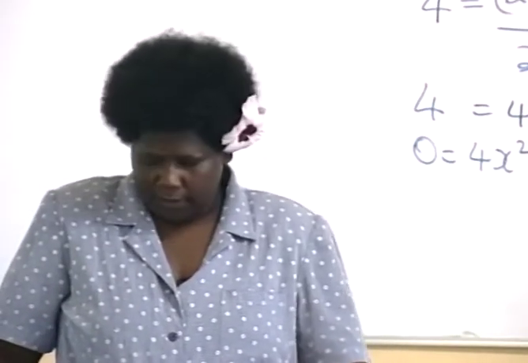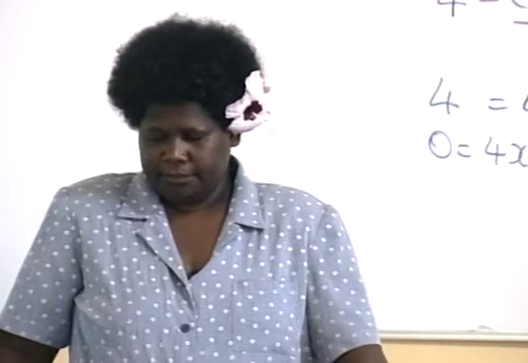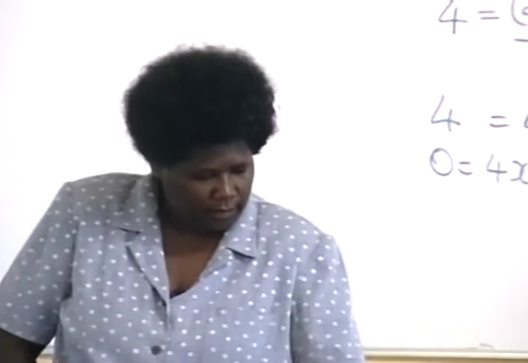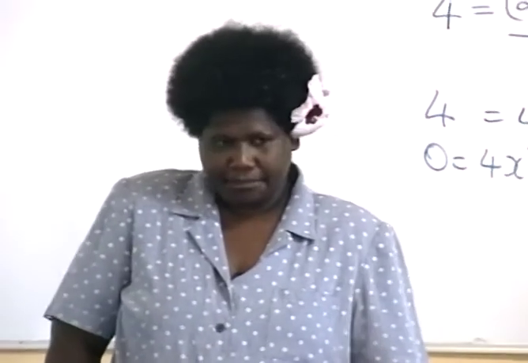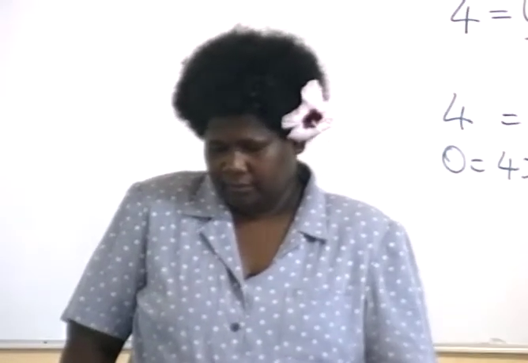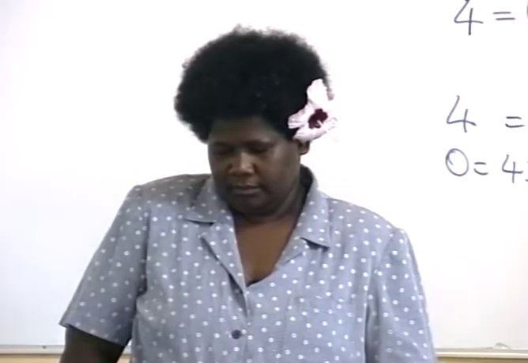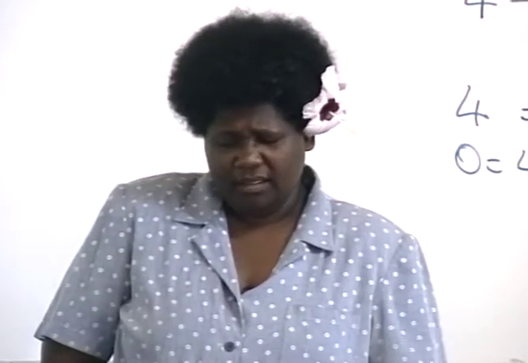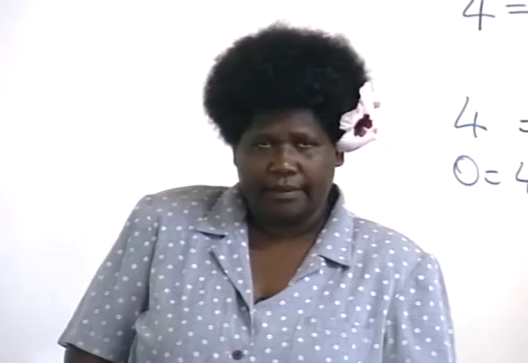Jake, letter B. X equals 5/9. X equals 5 on 9. Peter, letter C. X equals 3 and 8 over 27. 3 and 8 on 27.